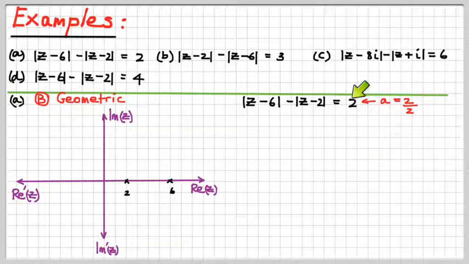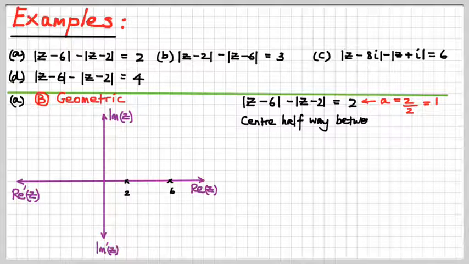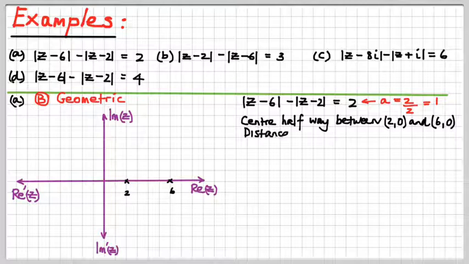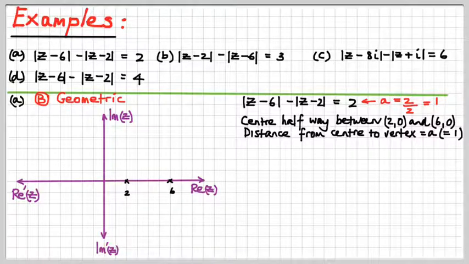In this case it will be a horizontal distance from the centre to the vertex, because it's a left and right hyperbola. Now that's 1. The next thing: the centre is halfway between (2, 0) and (6, 0), which is going to be at (4, 0). Goodness, we're nearly there. All we've got to do now is get b sorted out, and we're done.